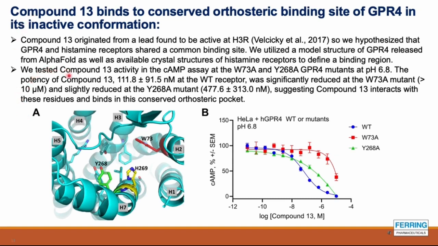And what also led us to believe that is that compound 13 originated from a lead that was found to be also active at the histamine H3 receptors by displacing the binding of radiolabeled histamine on it, suggesting again a competitive mechanism of action. So to confirm this, we utilized a model structure of GPR4 that was released from AlphaFold.